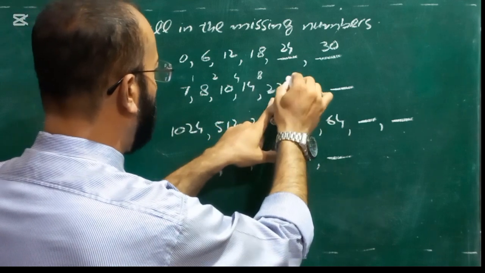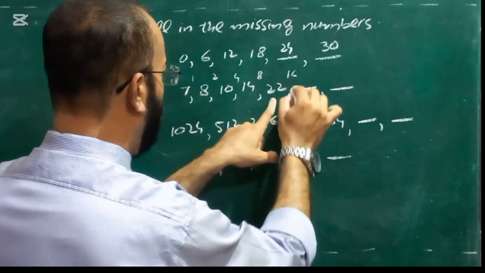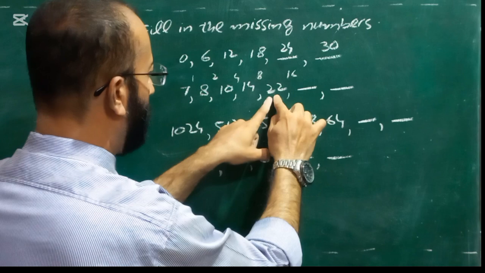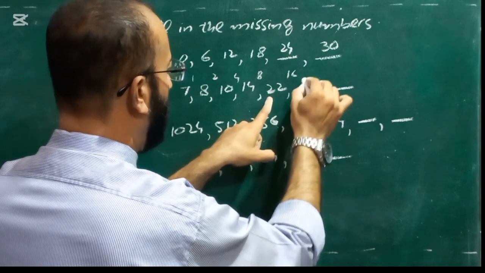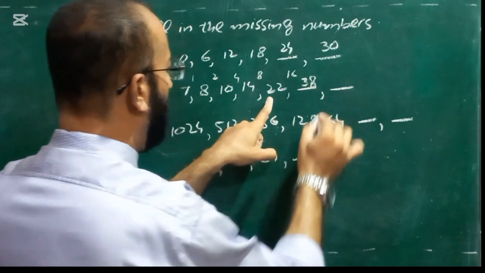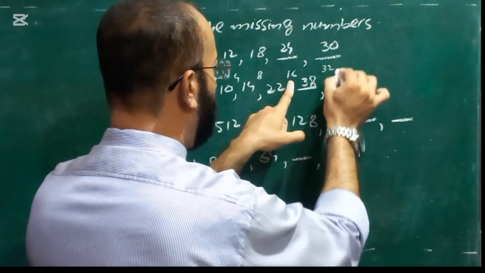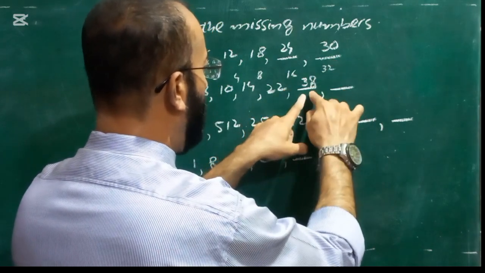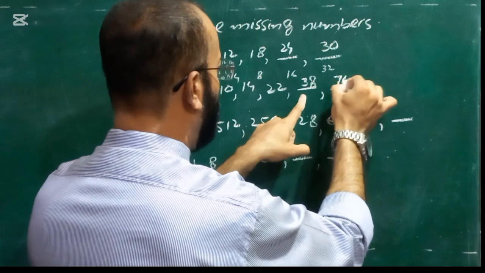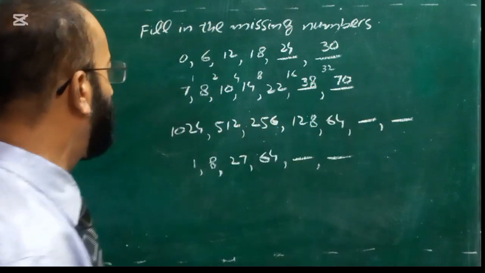Again, whatever the answer of this, so 16 will be added to this. So 28 and 38 will be the number. So again multiplied by 2, so 32. So the number will be 70. So this is the pattern.